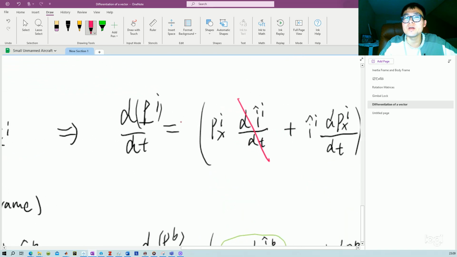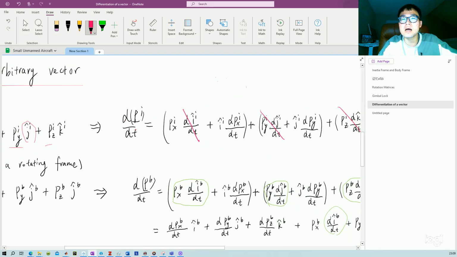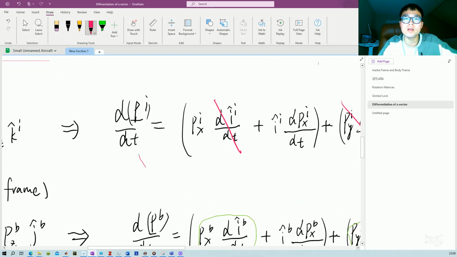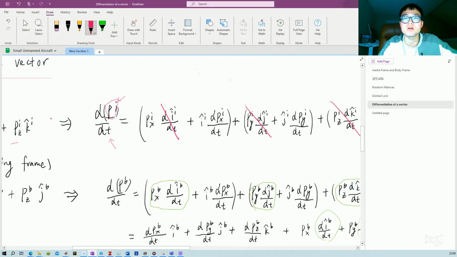And then we take the derivative. Actually, right now we are not talking about taking the derivative in the inertia frame. We're just in general taking a time derivative of this vector expressed in the inertia frame. We're not talking about with respect to which frame yet.